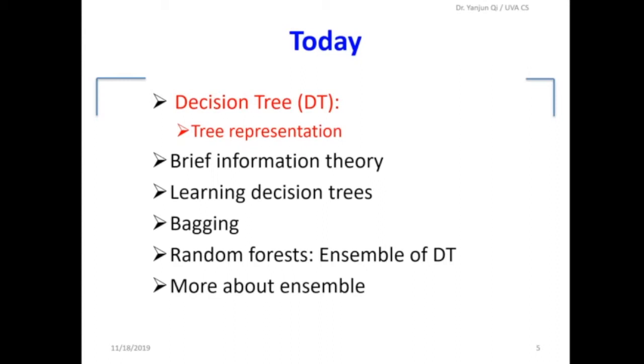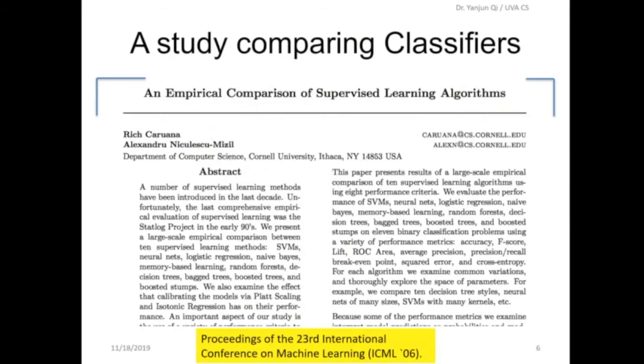Then we're going to expand basic decision trees with a technique called bagging, and go even further to a much more practical ensemble of decision trees, which is a very powerful baseline model called random forest. Next time we're going to talk about an even more powerful and more popular model called XGBoost. So this is the roadmap.